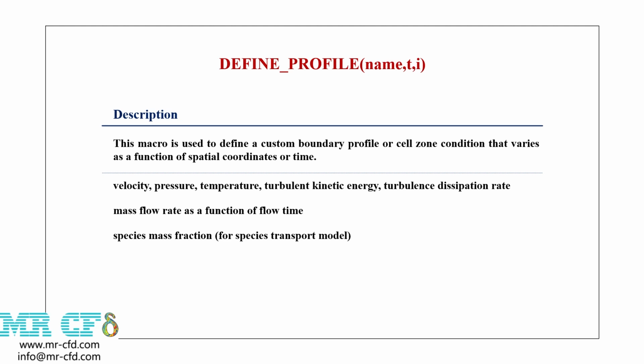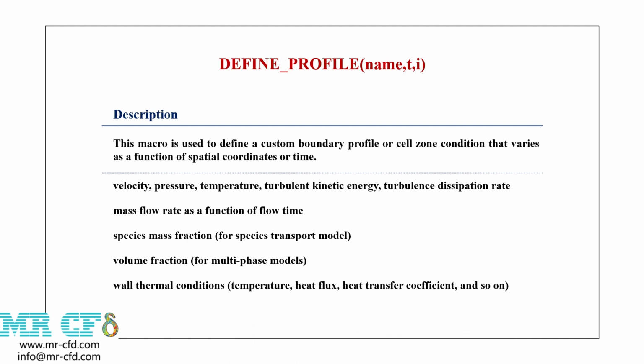Phase volume ratio variations when using the multiphase model. Wall thermal conditions variations like wall temperature, imposed wall heat flux, heat generation rate in the wall, heat transfer coefficient, and etc. And many other cases.